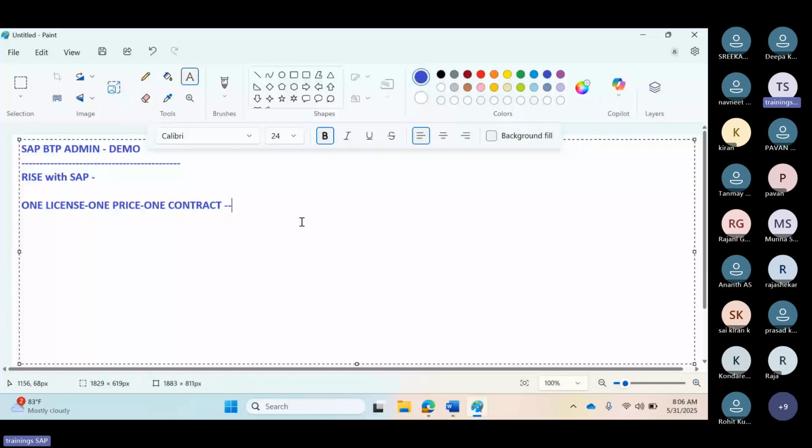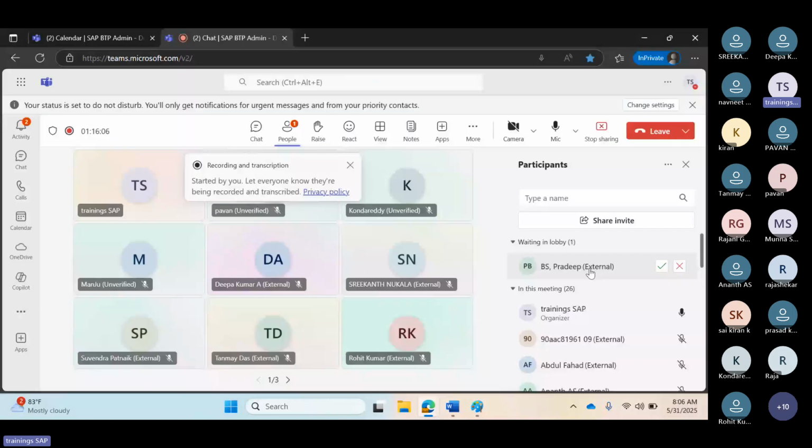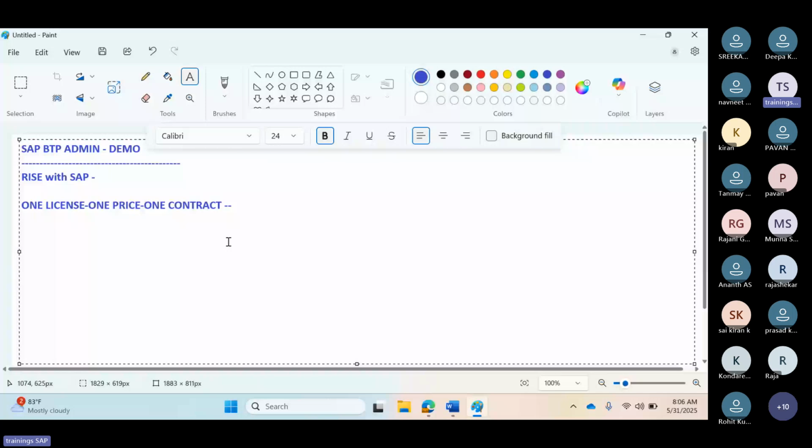So before we discuss the BTP, let's see one of the offering packages from SAP, called the Rise with SAP concept. So what is this Rise with SAP concept?